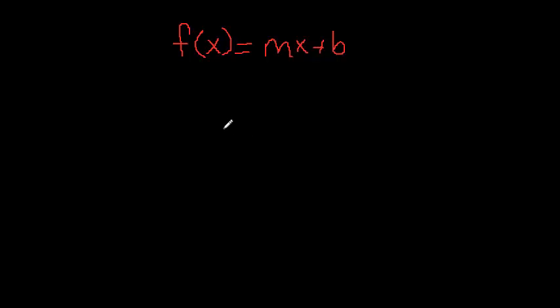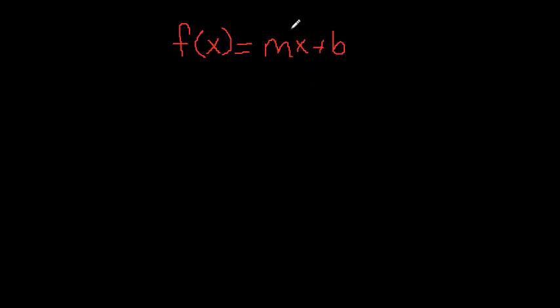Another word for that is x, instead of input, can also be called our independent variable. It is independent because it gets to do whatever it wants. We can plug in usually whatever we want in for x, and our dependent variable then is y, or f of x, because it depends on what x is to get its value.